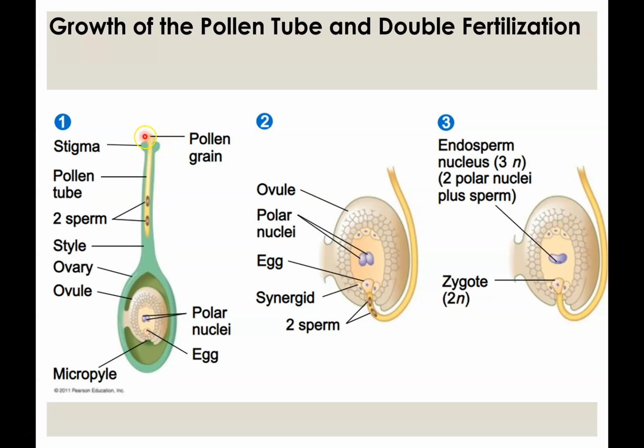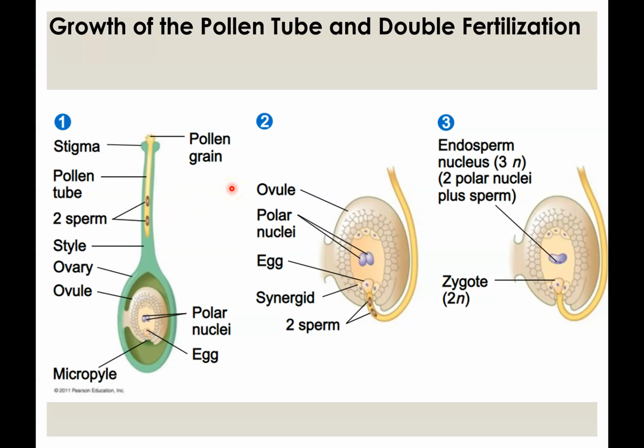So there's a recognition factor here. Not all pollen is going to be able to germinate or grow. Only pollen that is recognized by the stigma. There's a compatibility reaction here, histocompatibility reactions. So if a pollen grain germinates, a pollen tube grows down the style towards the ovary.